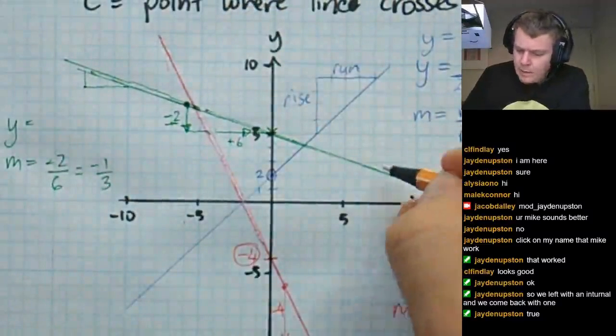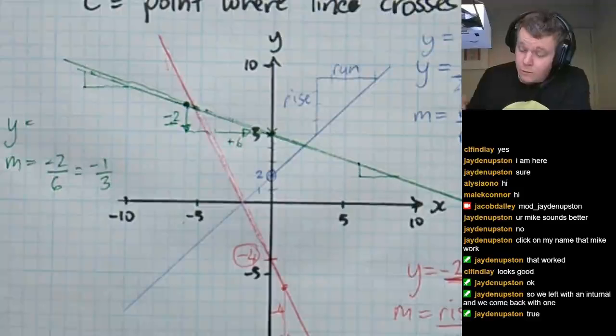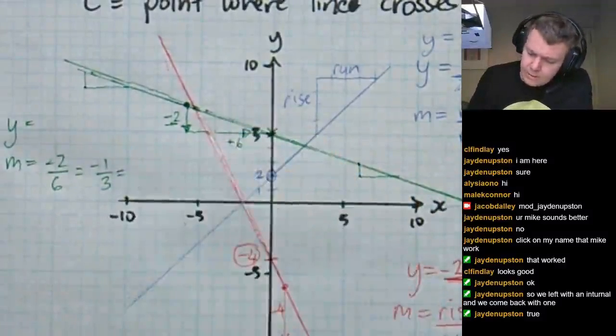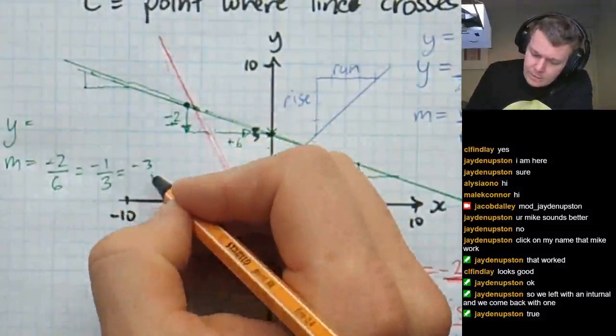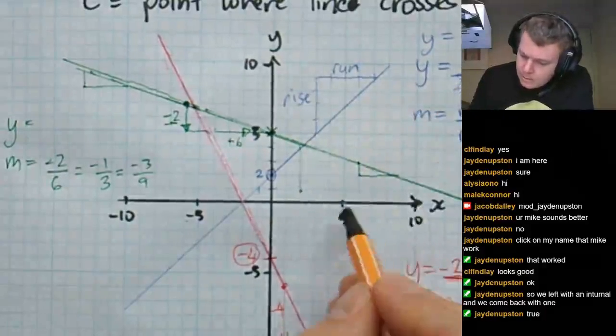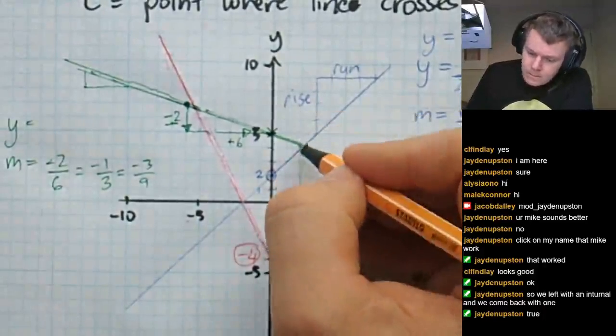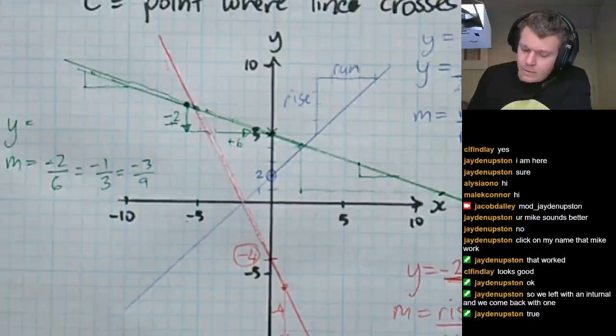You can put that anywhere on the triangle. Down 1, across 3. If I'd drawn it perfectly, you could think of that as the same as down 3, across 9. If I went down 3 and across 9, then I've essentially done the same thing.